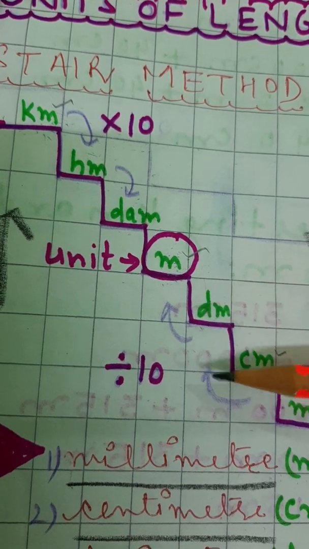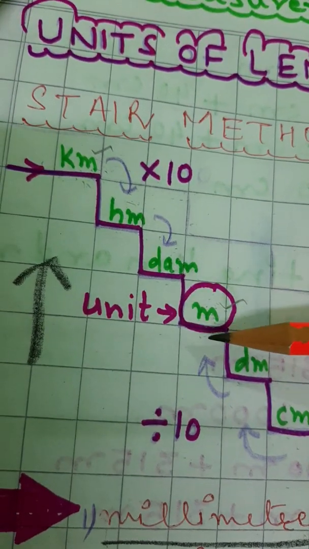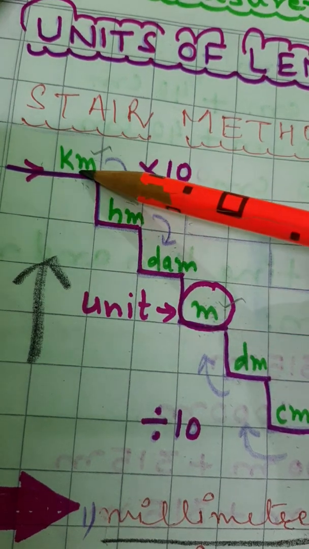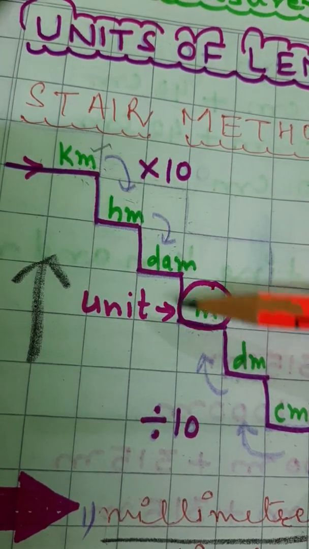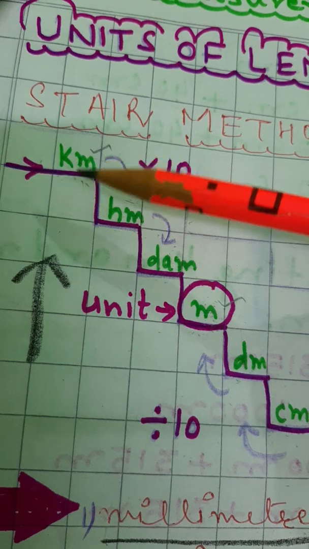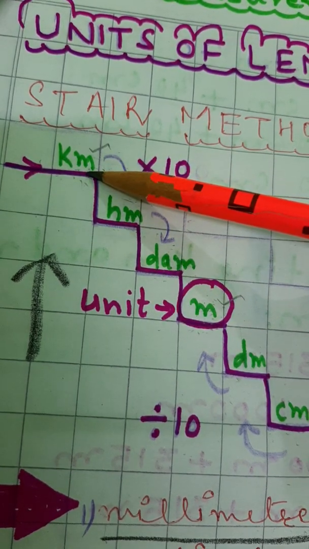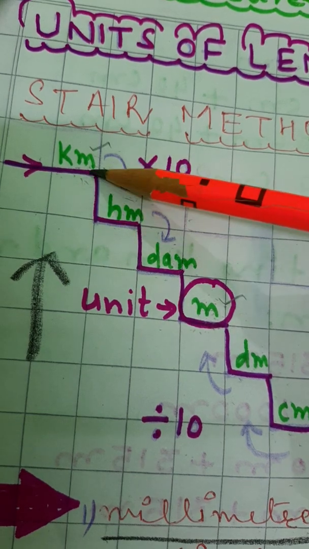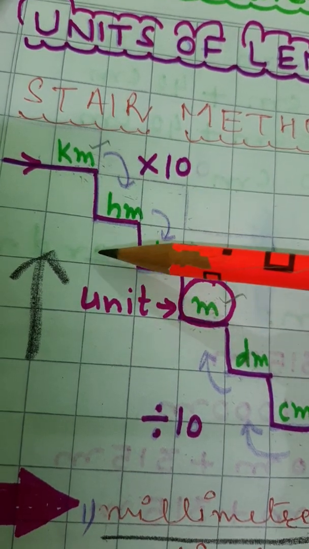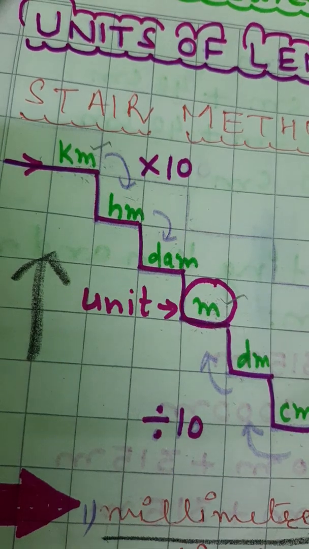In the same way, if I want to convert meter into kilometer, that means smaller unit into bigger unit, I have to divide. I have to move 1, 2 and 3 steps upstairs, so I have to divide it by 1000.